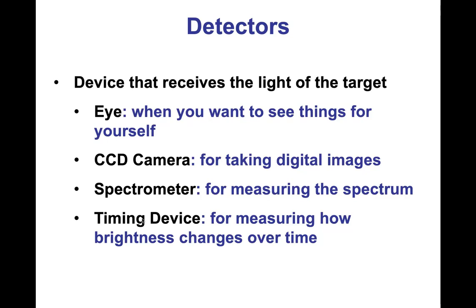But if you actually want to save the image so that you have the photograph that you can analyze later, use a CCD camera. You want to measure the spectrum of the object in order to figure out temperature or composition or all the things you can do with that, use your spectrometer. And if you want to measure how the brightness of things changes over time, use a timing device. Pick the right tool for the right job. That's what all of these mounts and detectors are about.